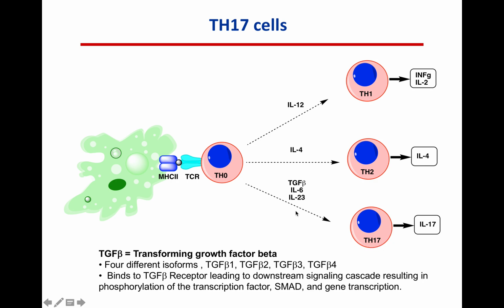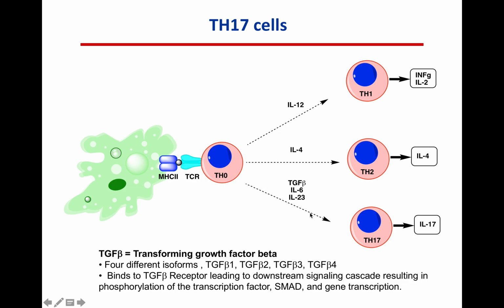Now, this transformation of the Th0 cell at these sites of inflammation, or due to this inflammatory response, comes from when you have IL-6 and TGF-beta expression, and particularly IL-23. Particularly these are highly inflammatory. IL-6 and IL-23 have high inflammatory activity.